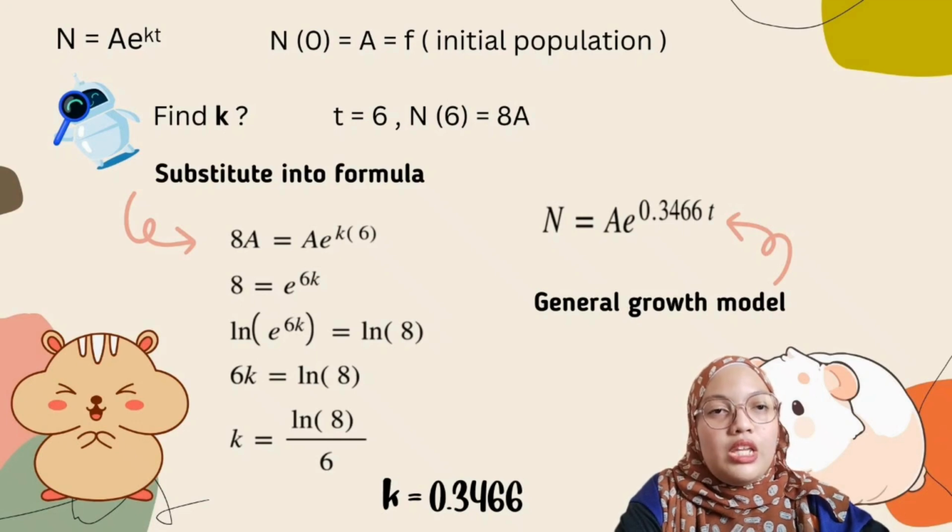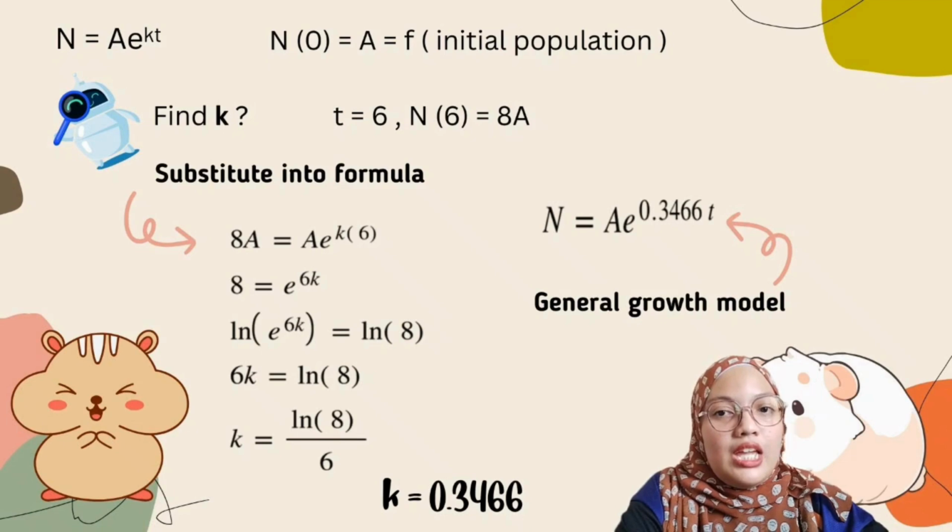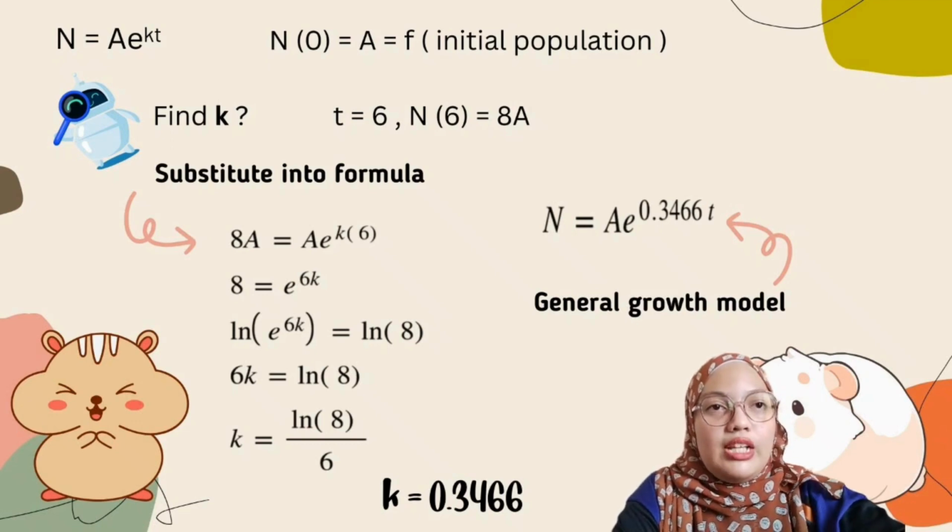So 6k equals ln 8. Then k equals ln 8 over 6. In the end, k equals 0.3466. So we substitute k into our formula, then N equals A e to the power of 0.3466t. So that is the general growth model.